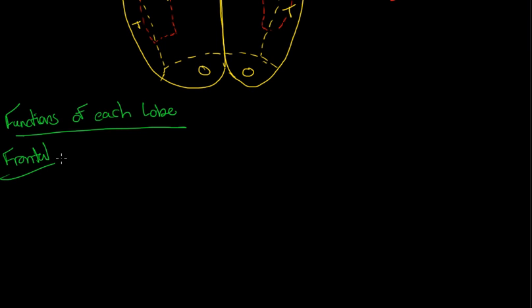This is where most people associate their consciousness, conscious thought, and conscious motor activity. There you're going to find your primary motor cortex, which is conscious control of voluntary movement. So put voluntary movement here.